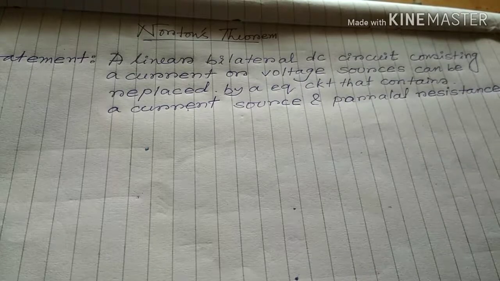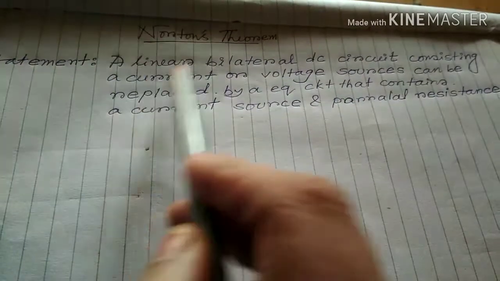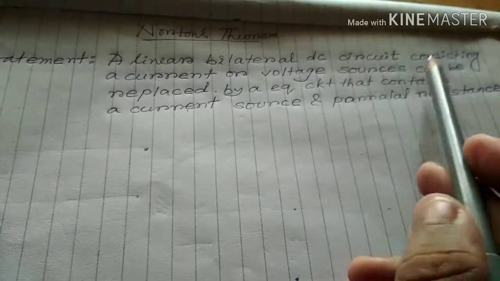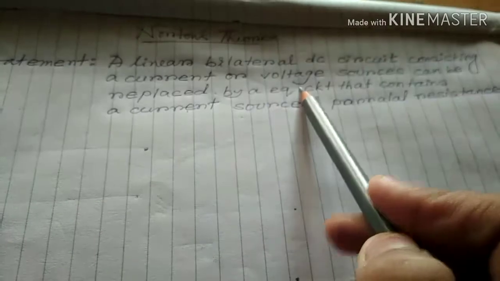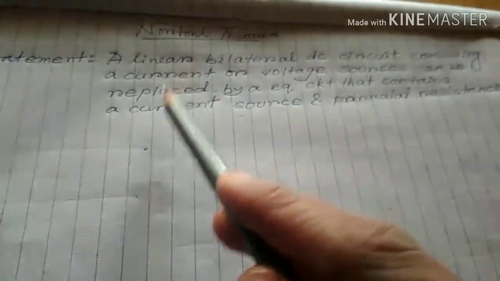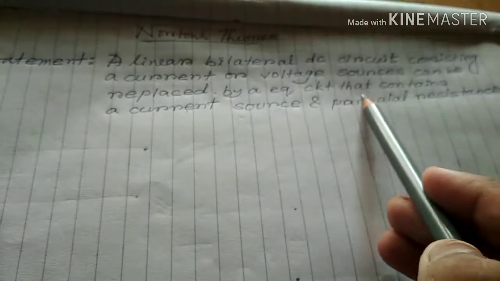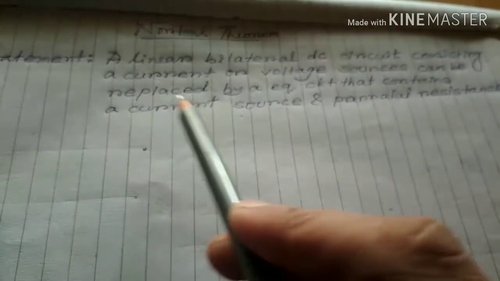Norton's theorem states that a linear bilateral DC circuit consisting of a current or voltage source can be replaced by an equivalent circuit that contains a current source and a parallel resistance.